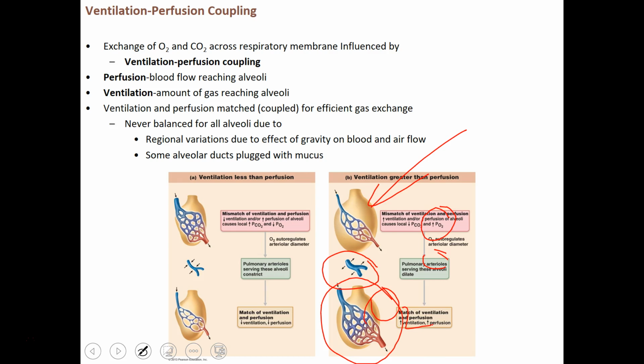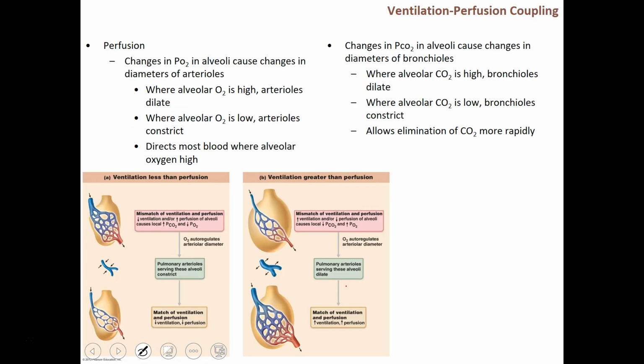However, if an alveolus has very little oxygen, then blood flow to that particular alveolus will go dramatically down, okay? You can see that a lower level of oxygen will lead to the constriction of the arterioles leading to that alveolus, meaning that blood will be redirected to the alveoli with a higher concentration of oxygen.